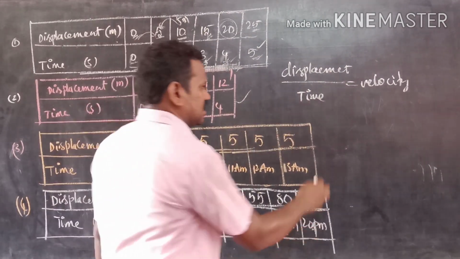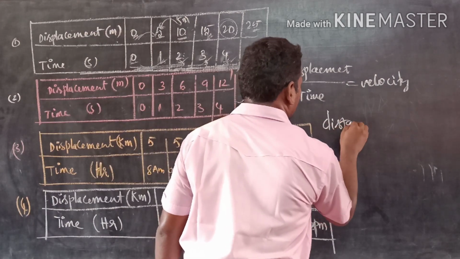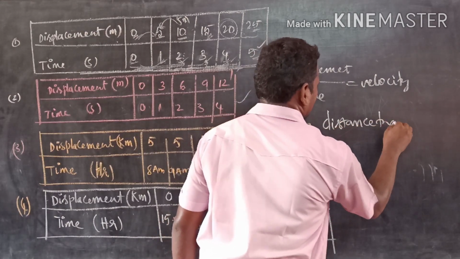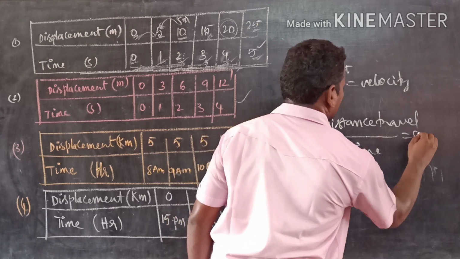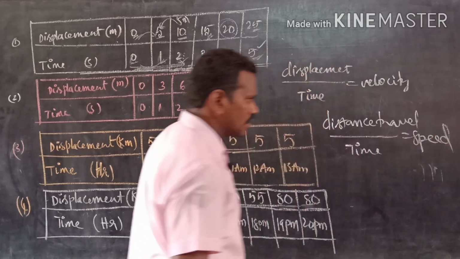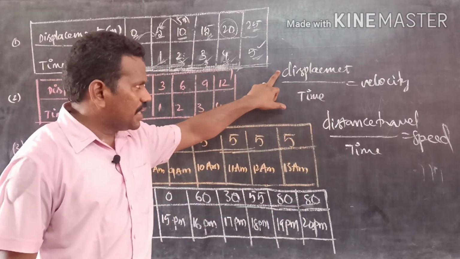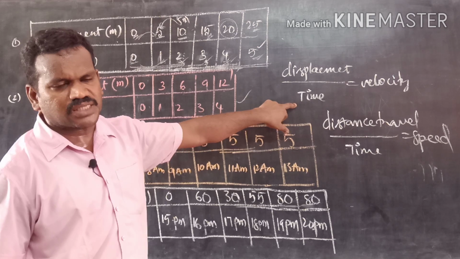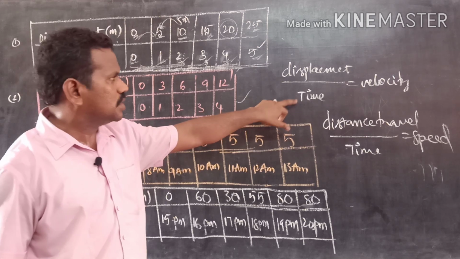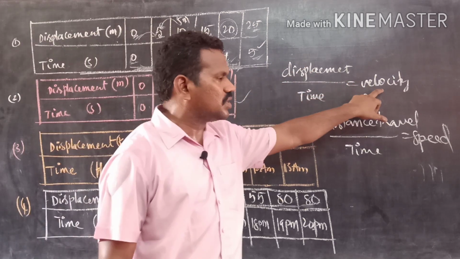If you compare the distance traveled with respect to time, this is called speed. I already said comparison with respect to time is called rate. So rate of displacement is called velocity.